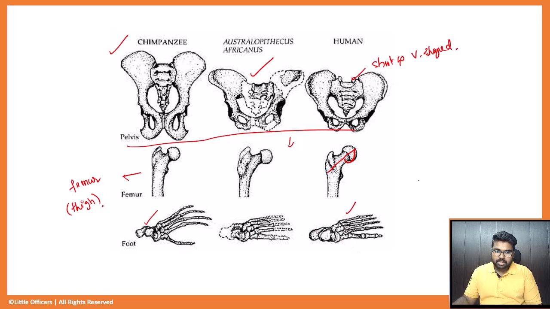In the human, look at this. This is called the ankle bone. Look at the development in the ankle bone. The ankle bone is well developed. Second, look at the number of bones and the positioning of the toes, particularly this toe, which is called the big toe.